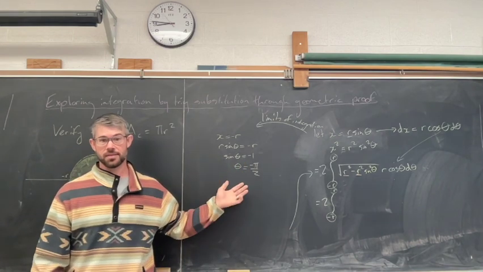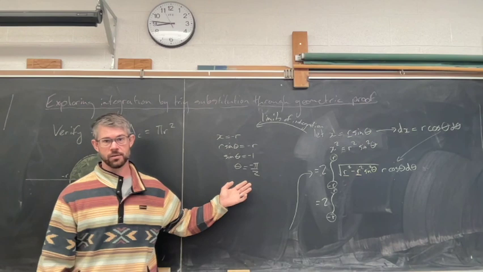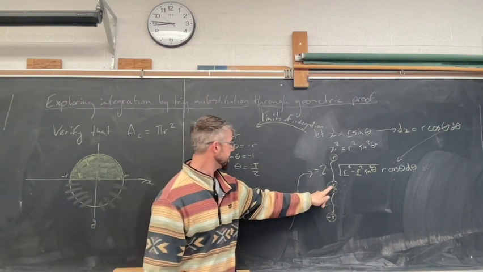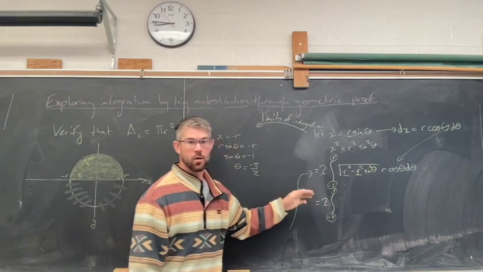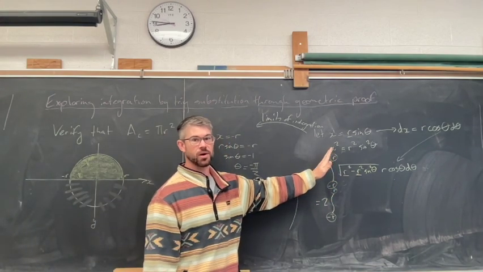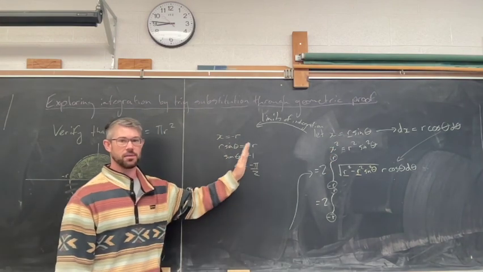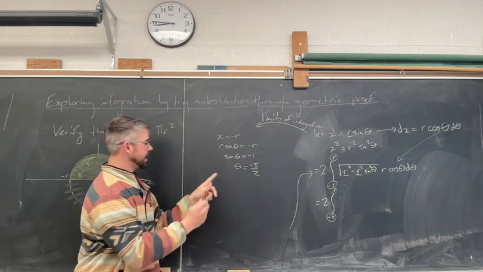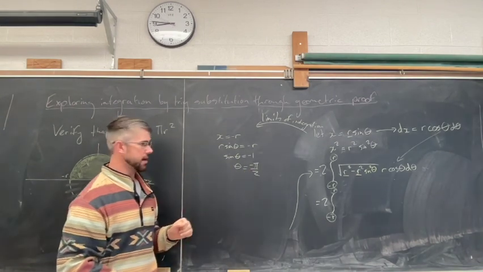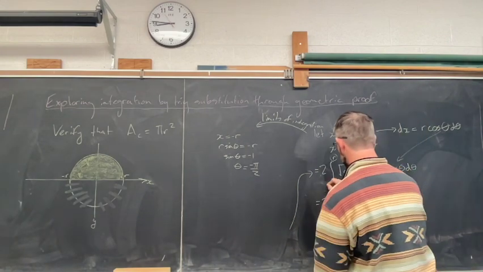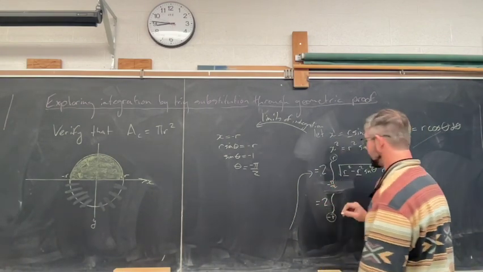Now I could have written this as 3π/2, but I would be worried because then my first limit would be at 3π/2, and my second limit is actually going to work out to be at π/2. So I would have to consider the order of those limits of integration switching if I didn't go to a negative value of theta. So that means my limit of integration of negative r is actually -π/2.